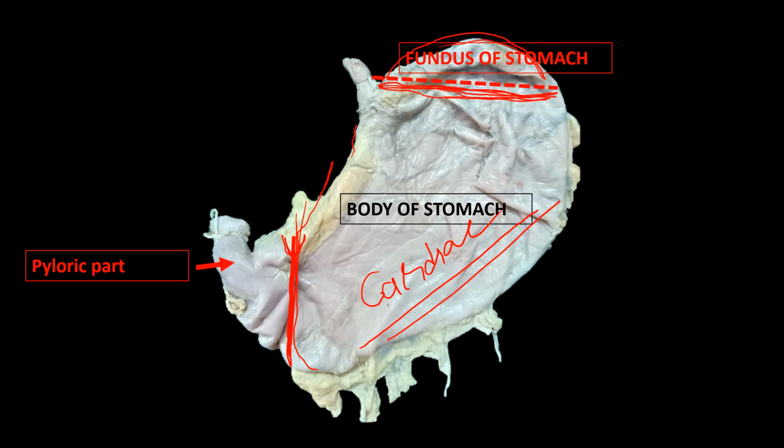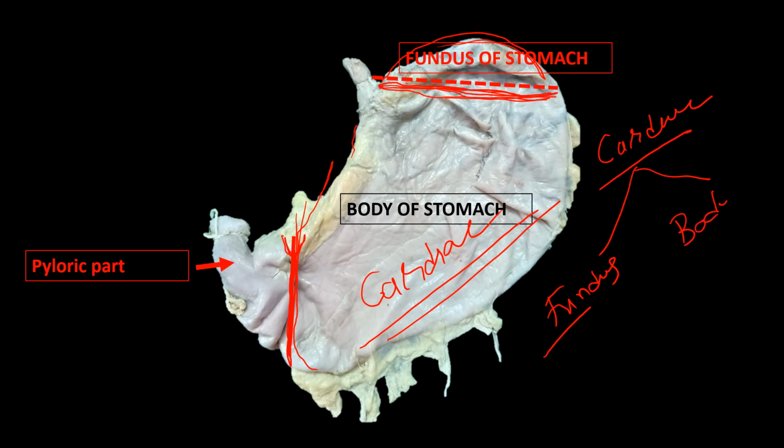So again, stomach has two parts. One is the cardiac part and second is pyloric part. The cardiac part has two: the fundus of stomach, the convex area just above the horizontal line, and the body of stomach.